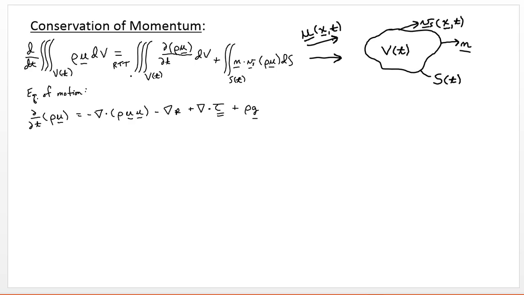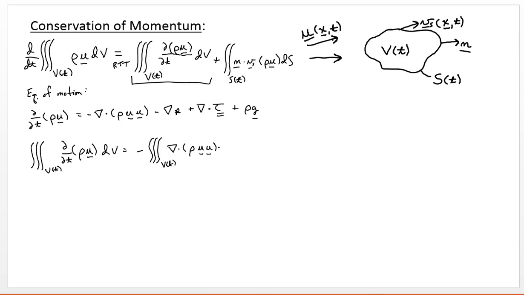Consequently, we can take this first term on the right-hand side, where we have the volume integral of the partial time derivative of rho u. And this will now be equal to the volume integral of the sum of the terms on the right-hand side of the equation of motion. So we get minus the volume integral of the divergence of rho u u, dV.